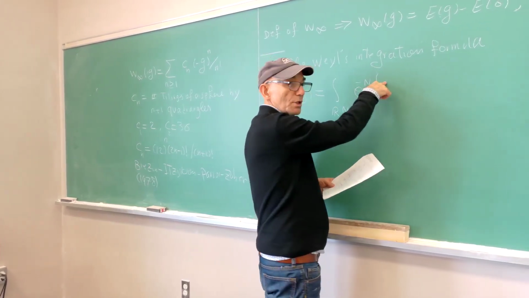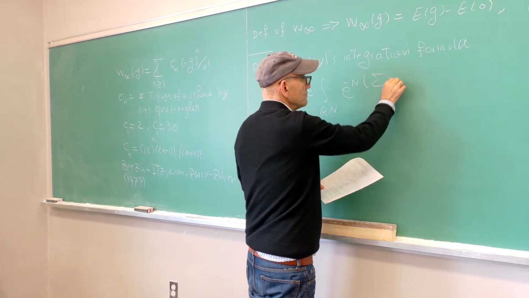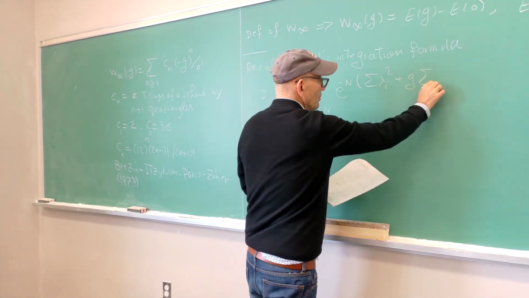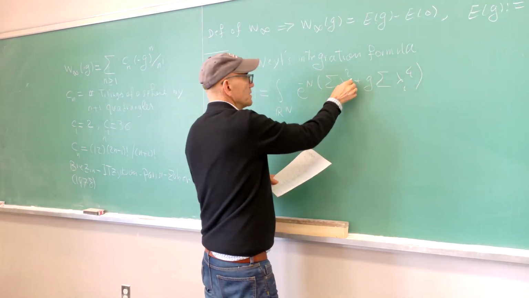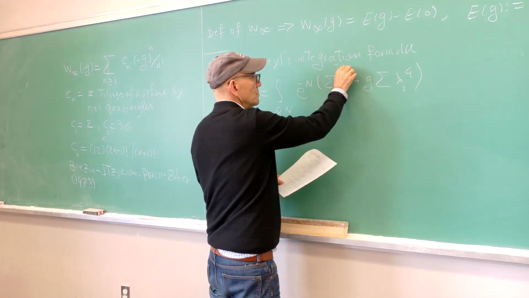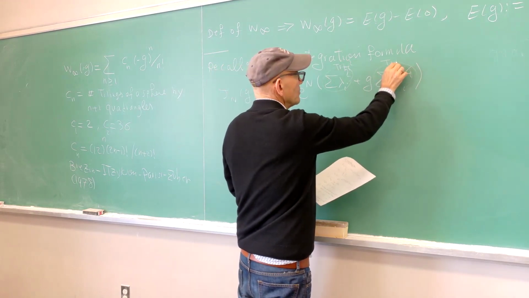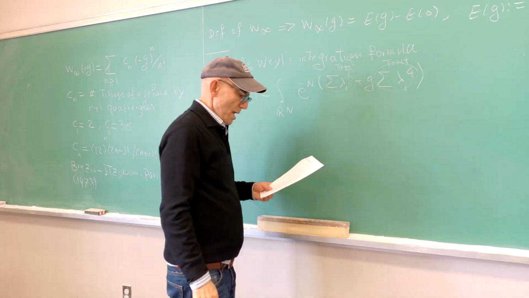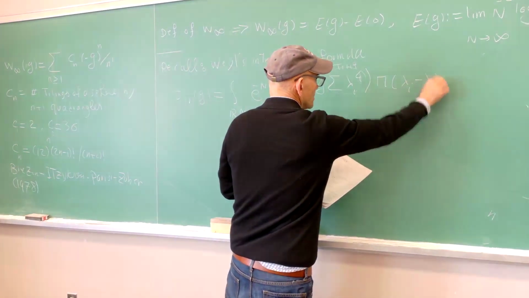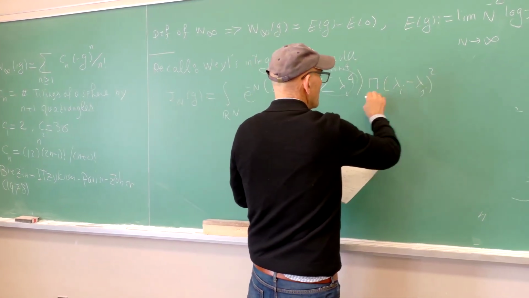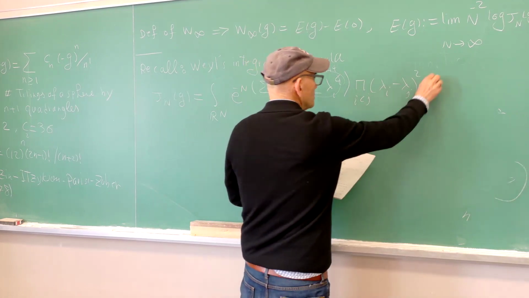You see that quadratic term becomes sum of lambda i squared, plus G sum of lambda i to the power 4. You see, this term is trace of H2, and this is trace of H4 term, right? This whole thing is trace of H4. And then we have product of lambda i minus lambda j squared, i less than j, d lambda.